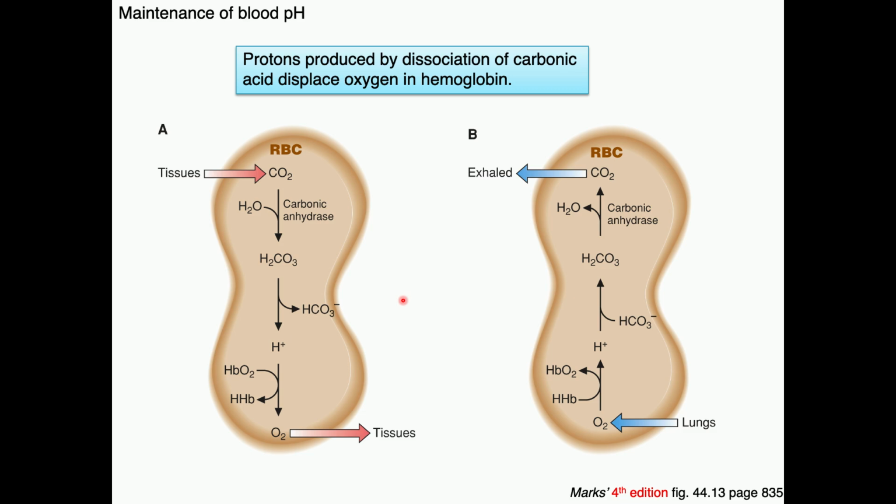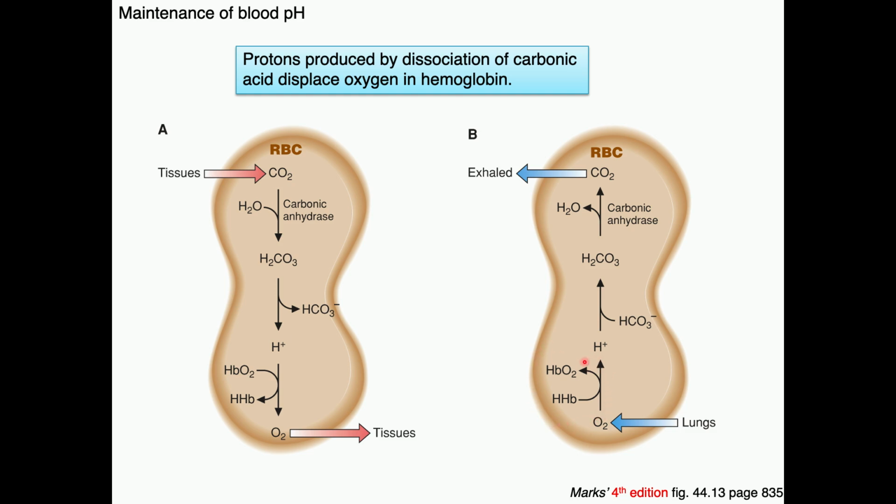There's a bicarbonate chloride antiporter that, in the low oxygen concentration environment of the tissues, is going to be importing chloride and taking bicarbonate out. And then in the lungs, the reverse reaction is going to be taking chloride out of the cell and bicarbonate in. Okay, so I'm going to segue now into a discussion of hemoglobin.